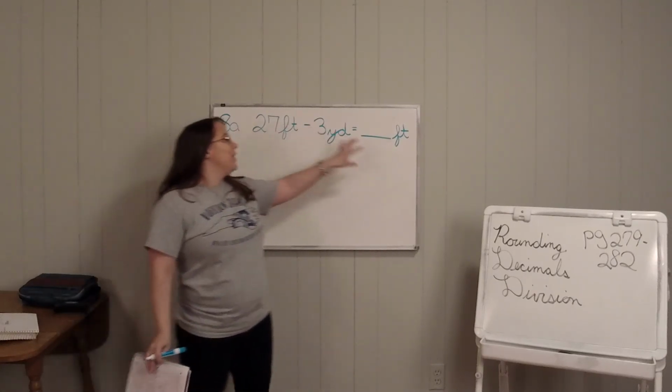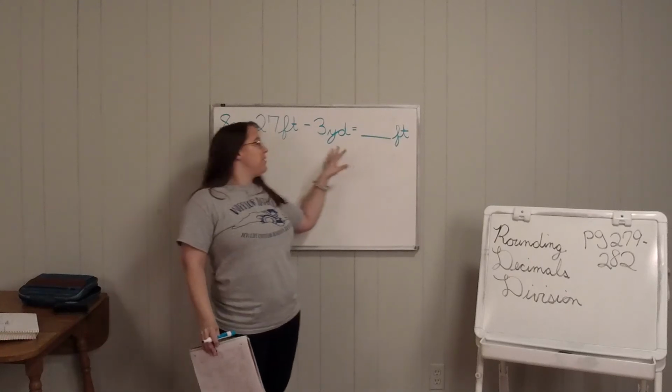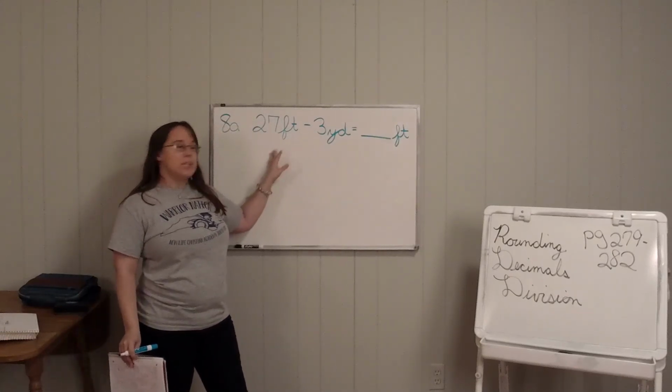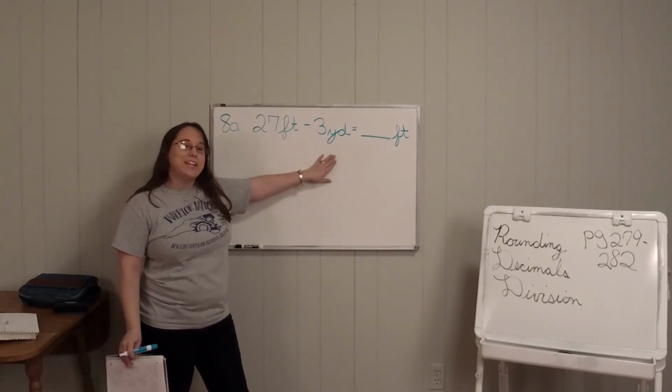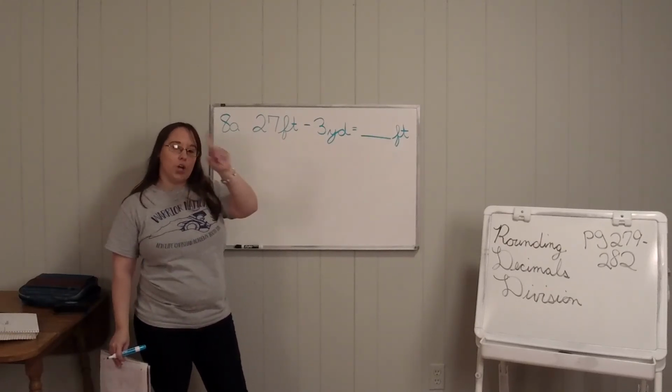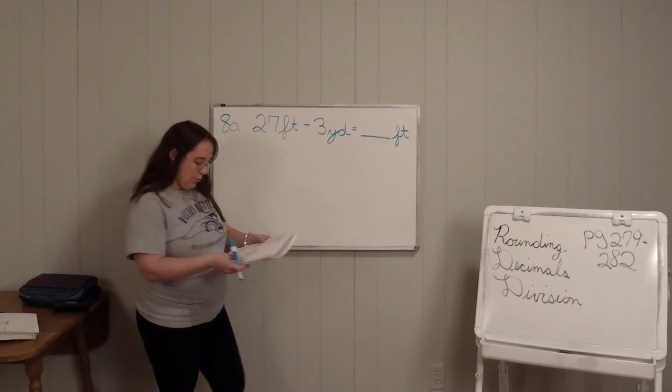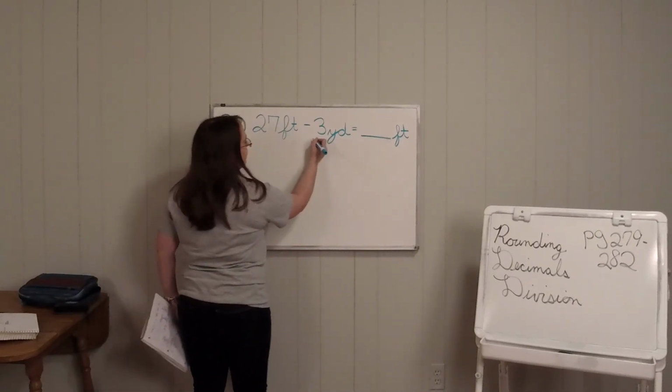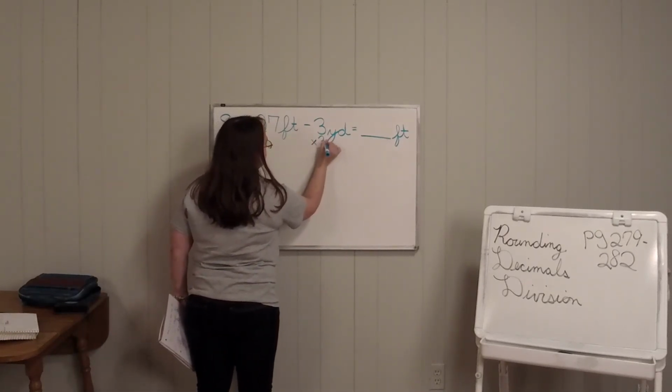So, we know our answer is in feet. So we have to make sure everything is in feet. Well, this one's in yards, so we need to change it to feet. Well, how many feet are in 1 yard? It is 3. So you're going to say 3 times 3.